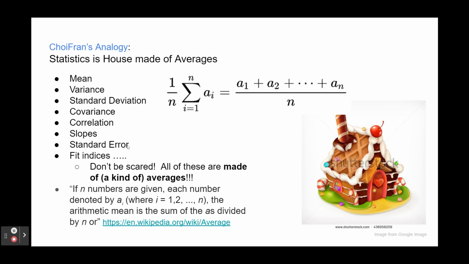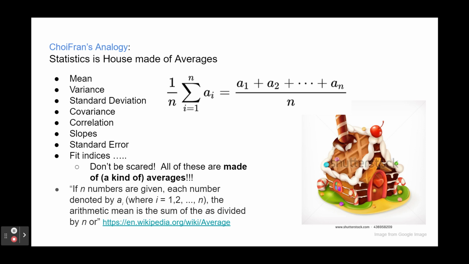So whenever you see the equation, ask yourself: what is this an average of? Are you with me? Whenever you see the equation of variance, the variance is the average of what? What standard deviation is the average of what? Average of something. Are you with me?